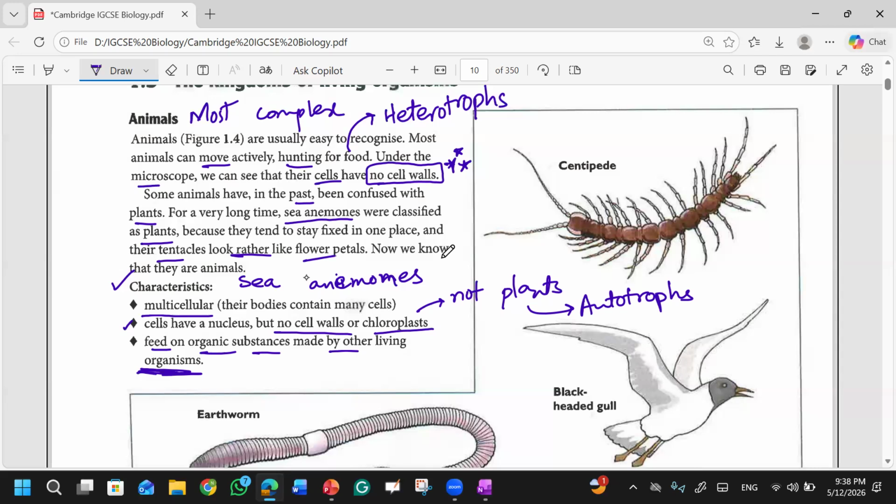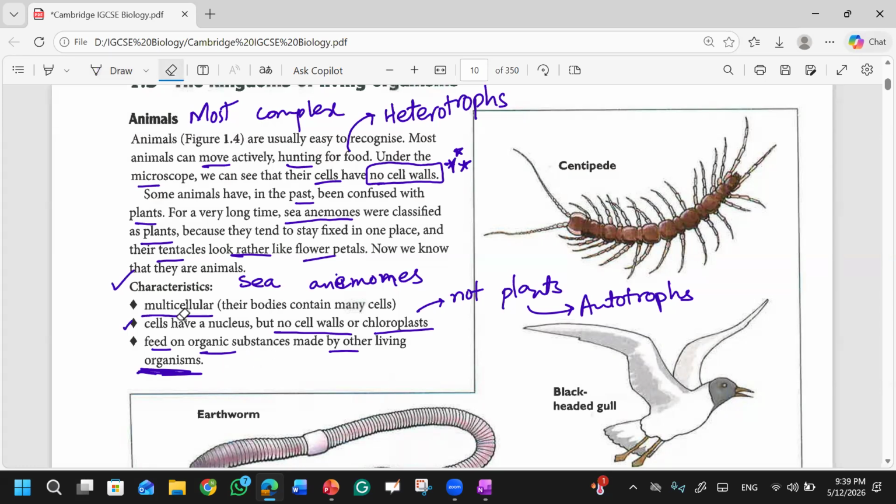When they looked into the third characteristic, they mentioned that sea anemones feed on organic substances made by other living organisms. So what does it mean?